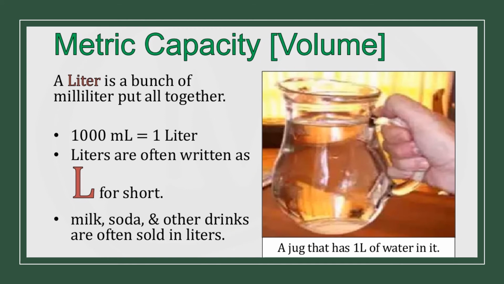Like I told us earlier, 1000 milliliters make 1 liter. Liters are often written as capital L. Why milliliters are written as, can you remember? ml. Liters are written as L for short.